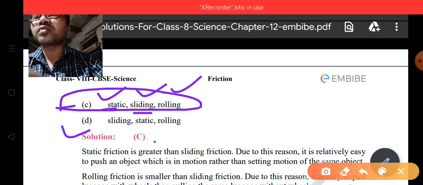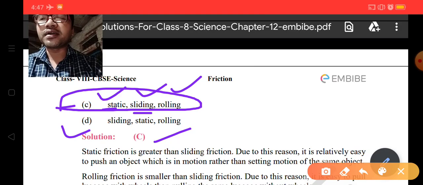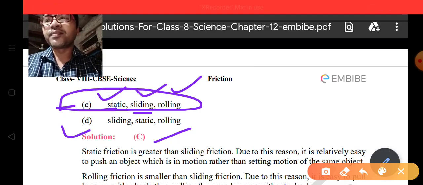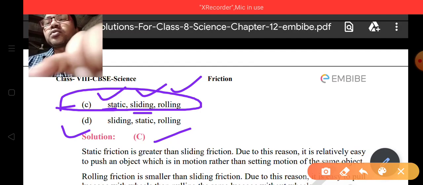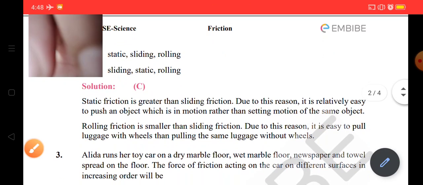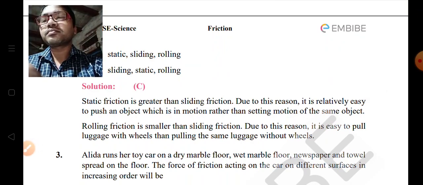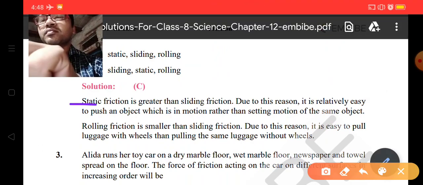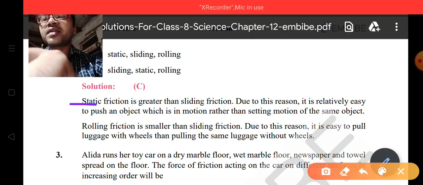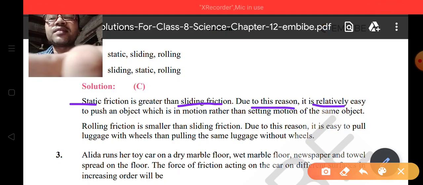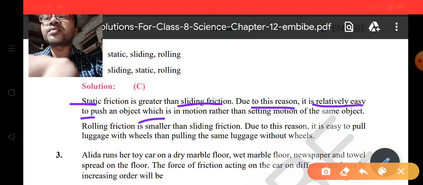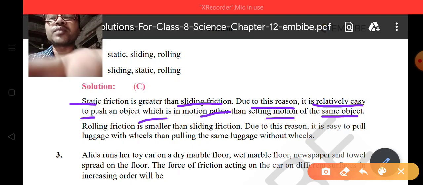You can see here the solution is given here, C, and the explanation is also mentioned here. So if you have noted that option number C is correct, then let's note the explanation of the answer. You can see here the static friction is greater than the sliding friction. Due to this reason, it is relatively easy to push an object which is in motion rather than the static motion of the same object.